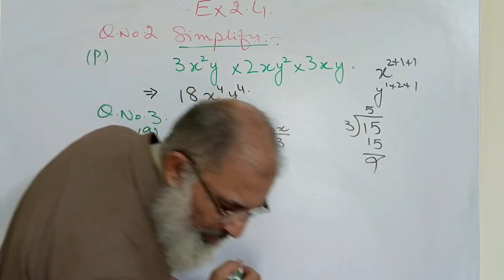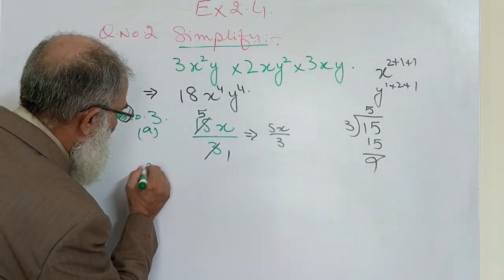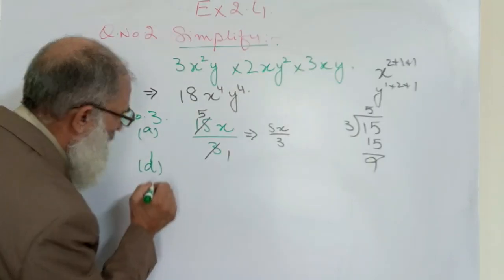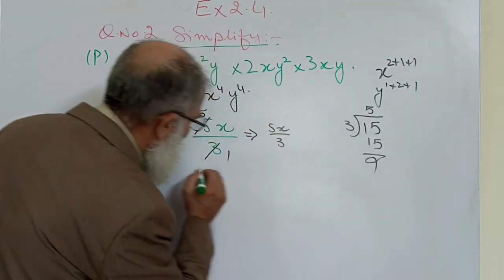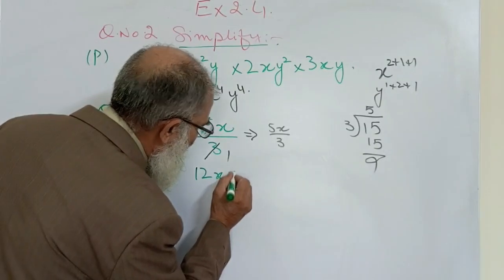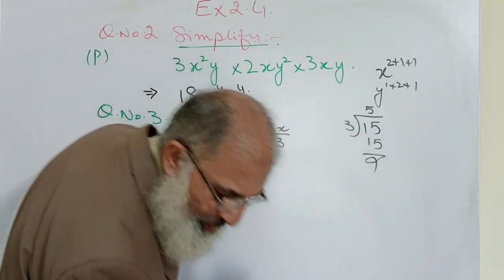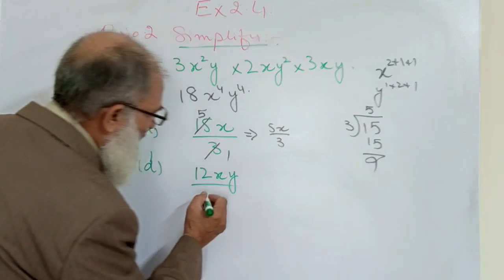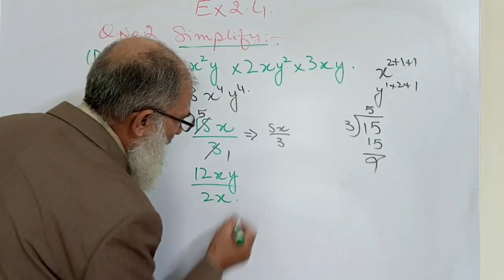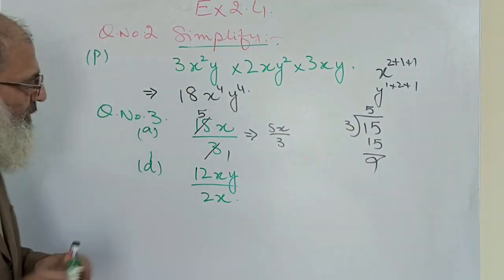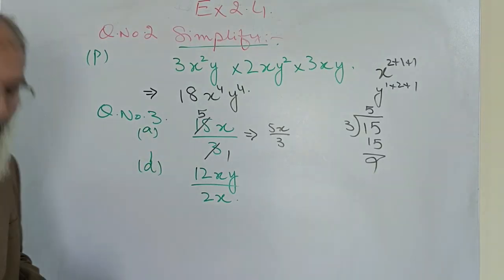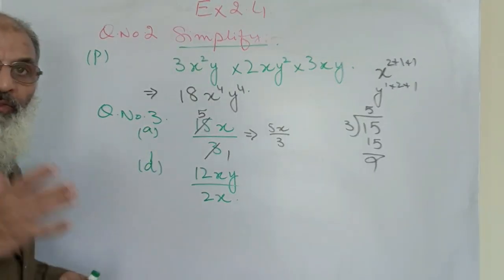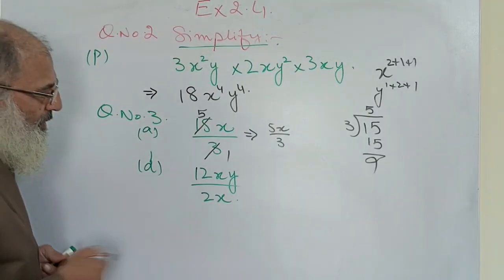Now some difficult situation. Now this was part A. Now what about part D? D is 12xy divided by 2x. Now you see, my dear students, that there are two things which are going to cancel. Now we have to show the cancelling effect over here.